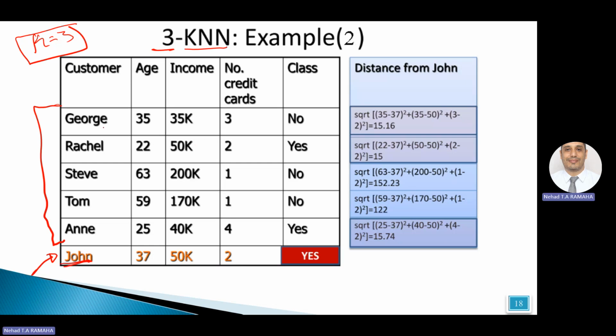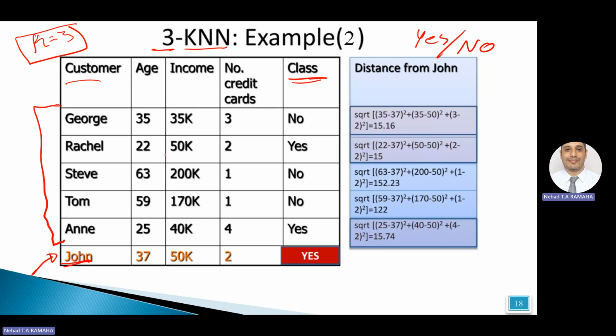Here in this data set, we have customer names: George, Rachel, Steve, Tom, Annie, and we need to classify John into which class. We have yes and no, these are the two classes.